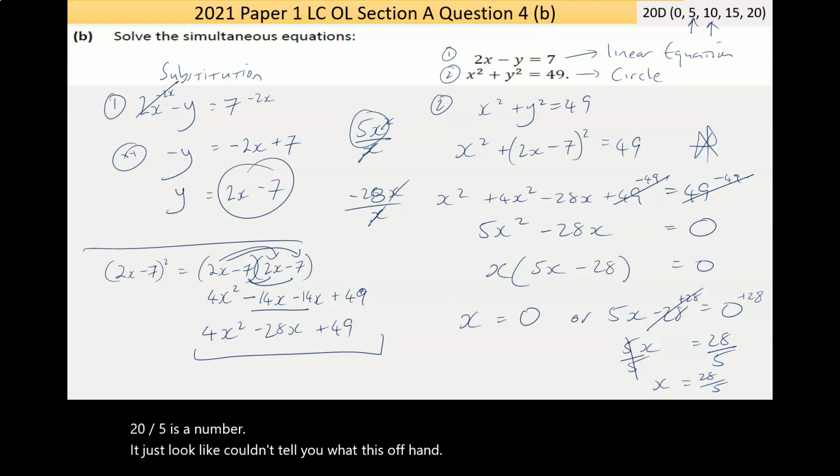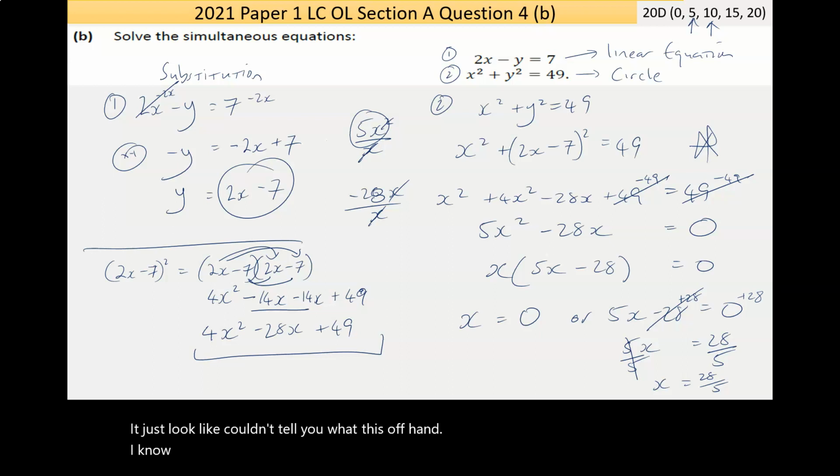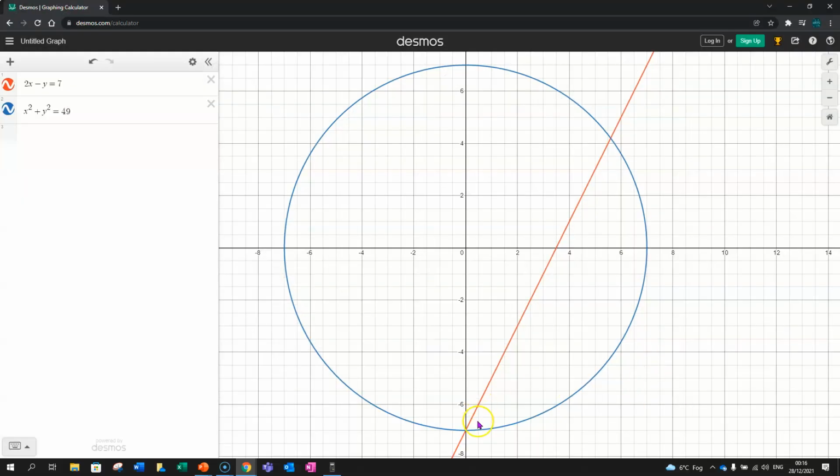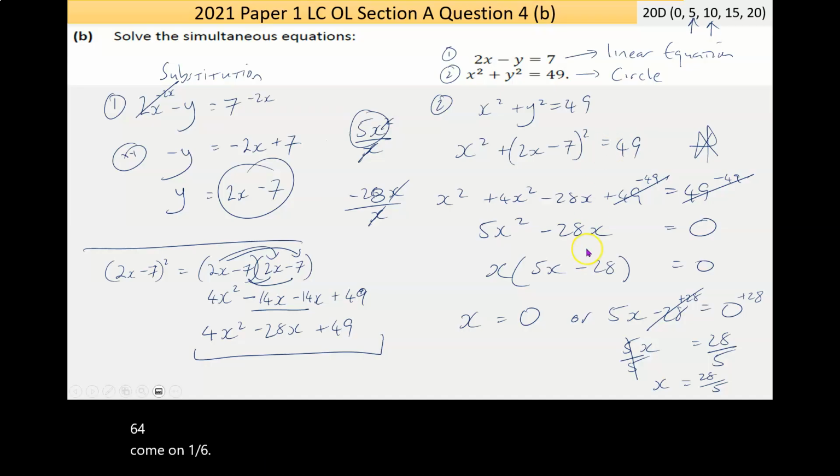Now, I know the two values of x. If I refer back to the diagram, x is equal to 0. That's the x value for that coordinate. The other is x equal to, now it's 25 over 6, 64 and 1/6. Is it 25 over 6?